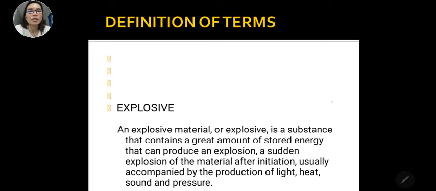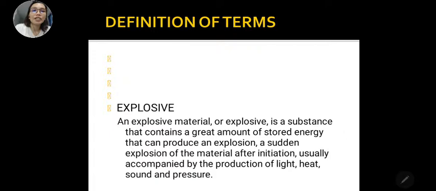Next is explosive. An explosive material, or what we call the explosive, is a substance that contains a great amount of stored energy that can produce an explosion. An explosion is a sudden expansion of the material after initiation, usually accompanied by the production of light, heat, sound, and pressure.